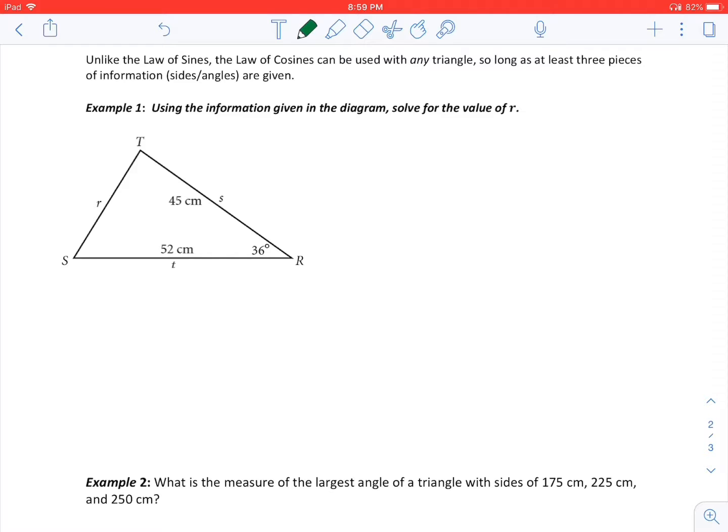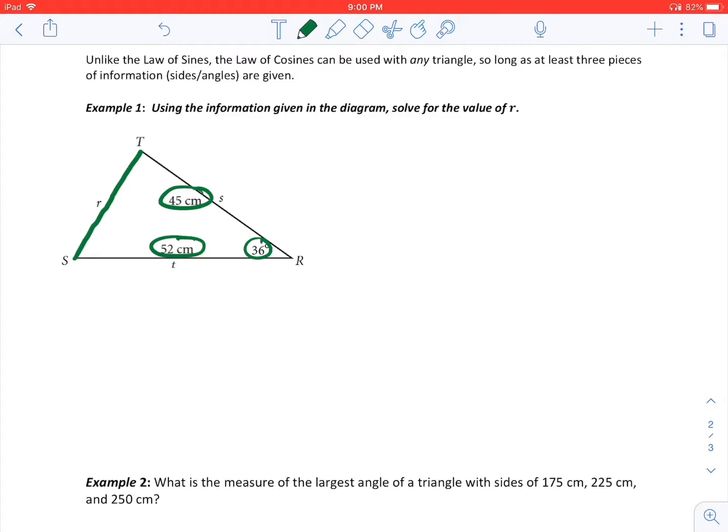Using the information given in the diagram, solve for the value of r, where r is this side here. Well, the law of cosines would help me do that because I am given three pieces of information. I'm given this side, I'm given that side, and I'm given the angle between them.